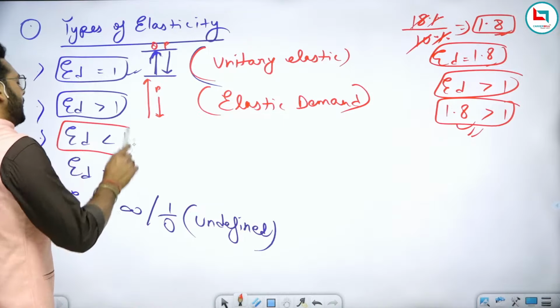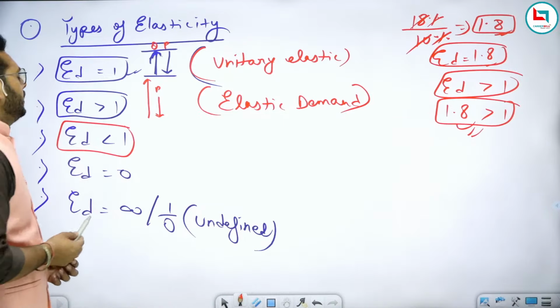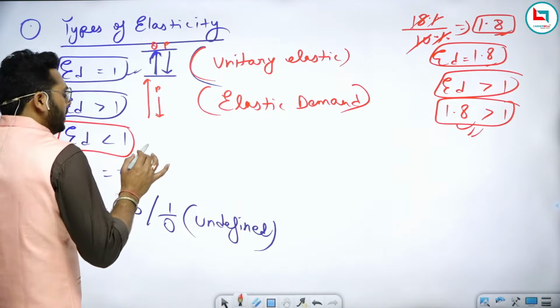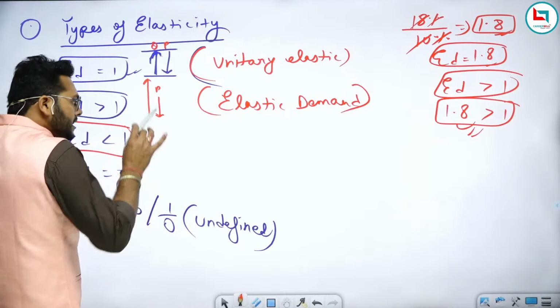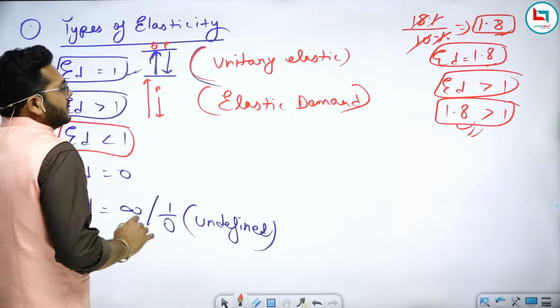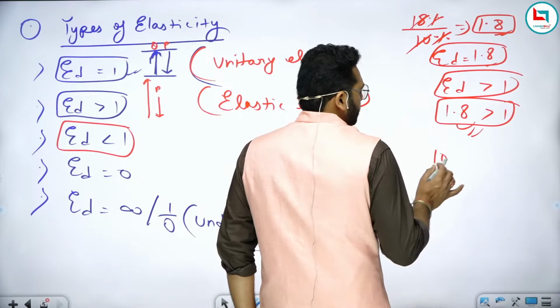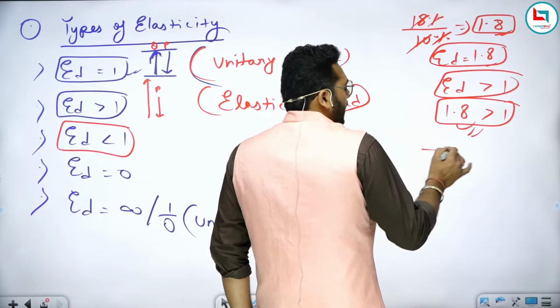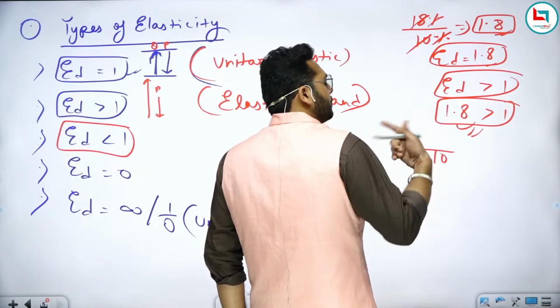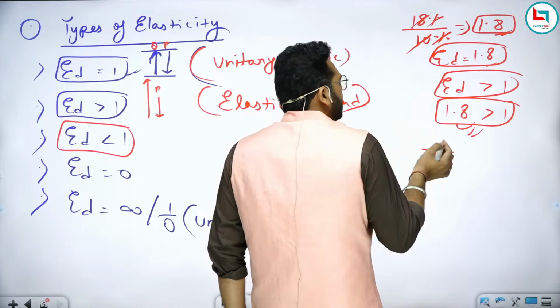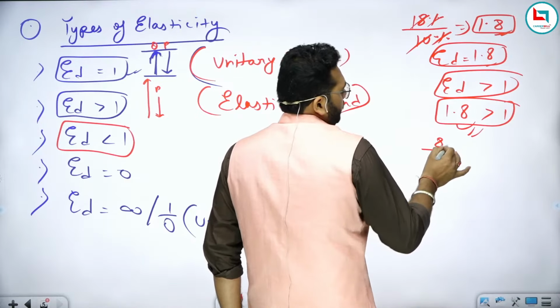The same applies here. If the change in demand is less than the change in the price, let's say the change in the price is 10%, and in respect of the change in price you are getting a change in demand of only 8%.